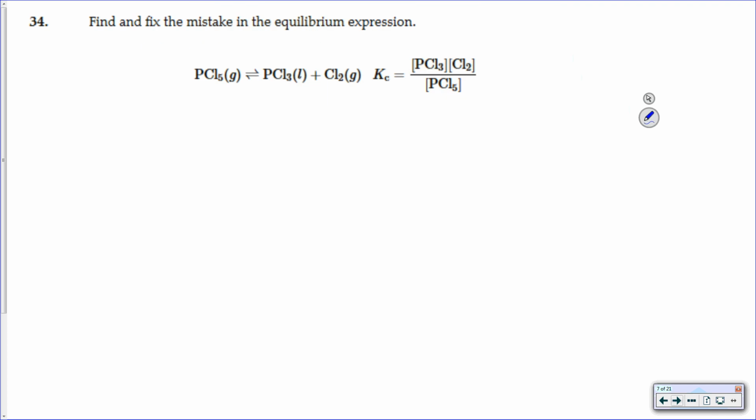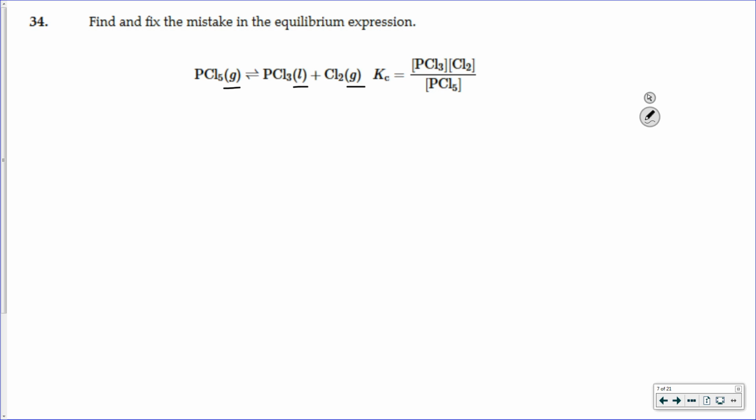All right, so 34 says find the mistake and fix. So this is somewhat like we did in the earlier ones. This one's different in that it involves some different phases. What we see in this one is that we've got a gas and a pure liquid.